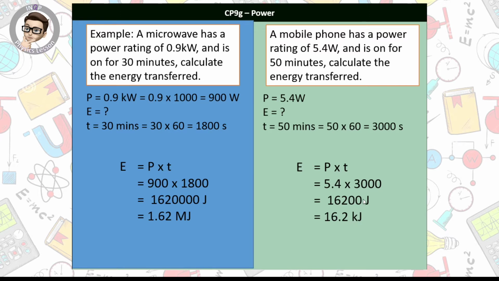So we're going to move the decimal point from here 3 places bigger. 1, 2, 3. 16.2 kilojoules. So if we've got less power, but for more time, we can still have less energy transferred.